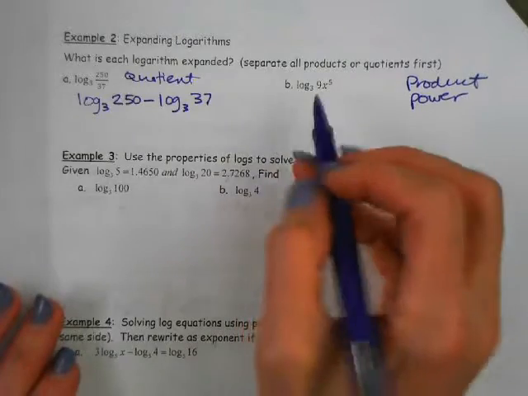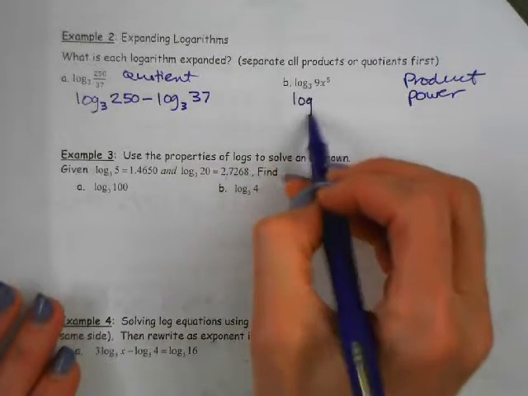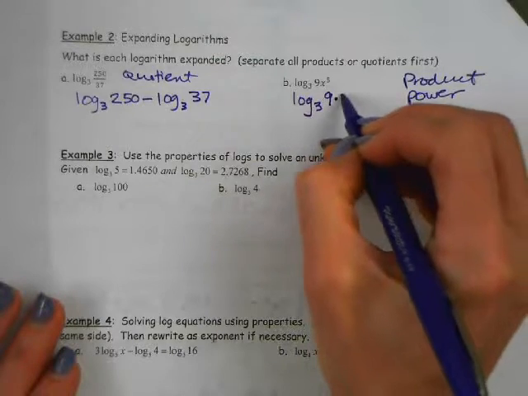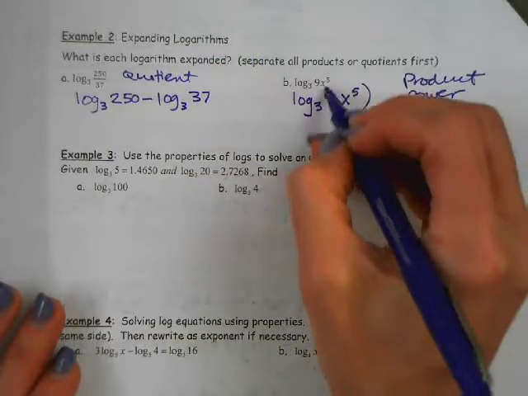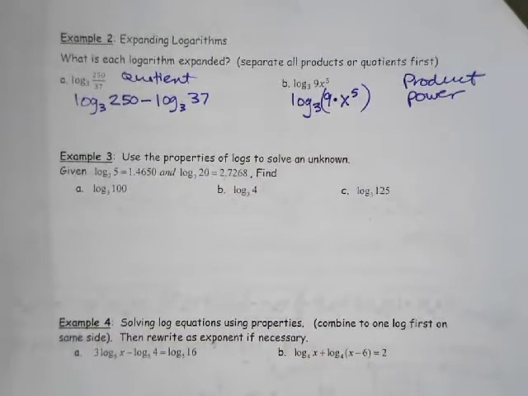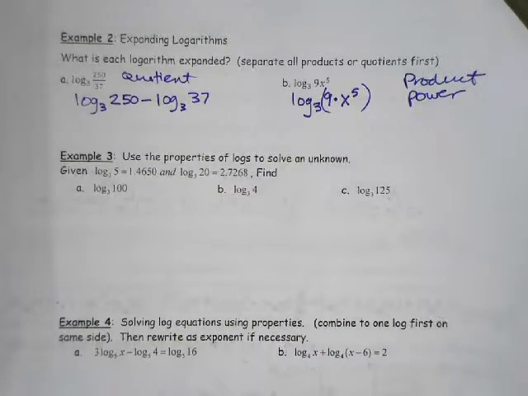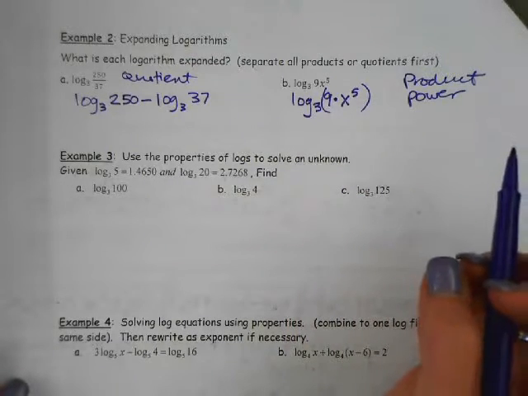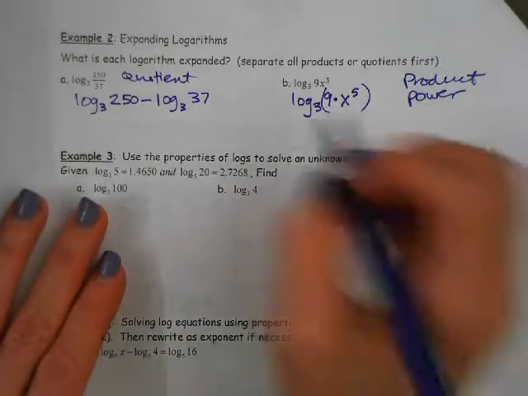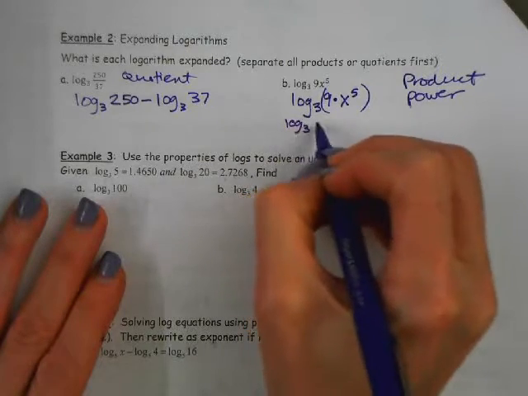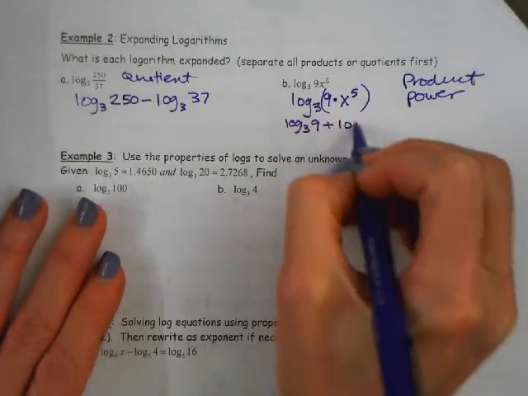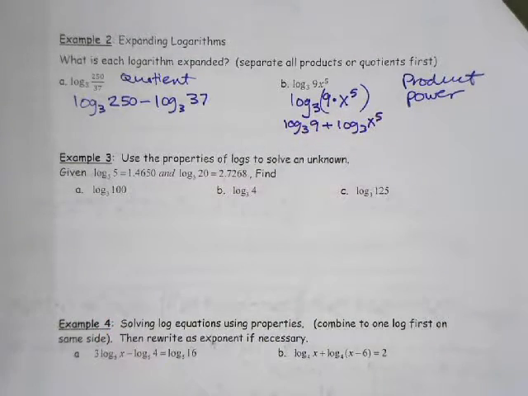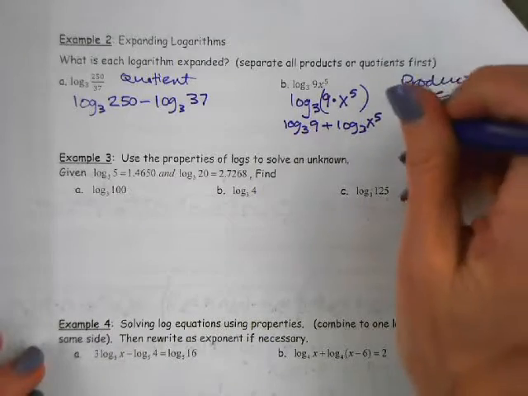Okay, so I'm going to rewrite this so we can see this a little bit better. It is log base 3 of 9, and then I'm going to multiply by x to the 5th. So you see, those are the two that I have there, right? So you see how I separate them. So that multiplication becomes what symbol then? Plus. Plus sign. So I have log base 3 of 9 plus log base 3 of x to the 5th. Okay, and this is the product right here.